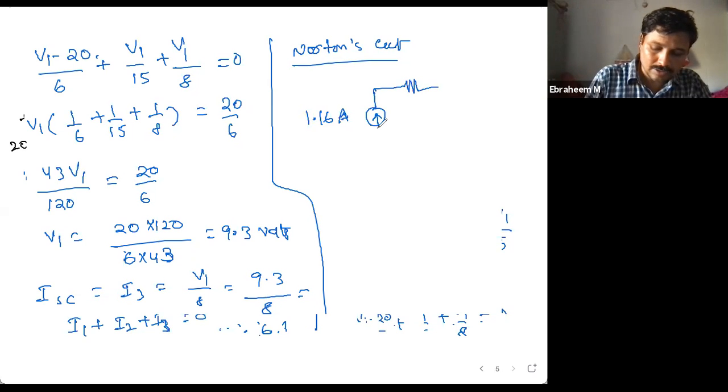RTH is how much? Sorry, the Norton circuit must be parallel, right?